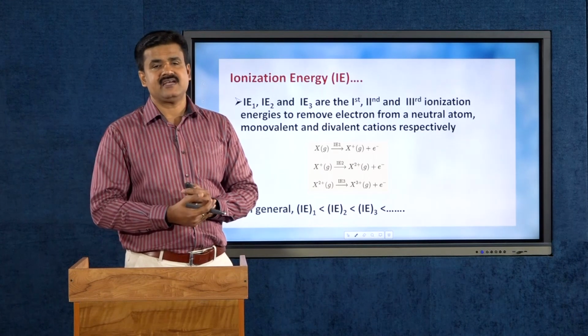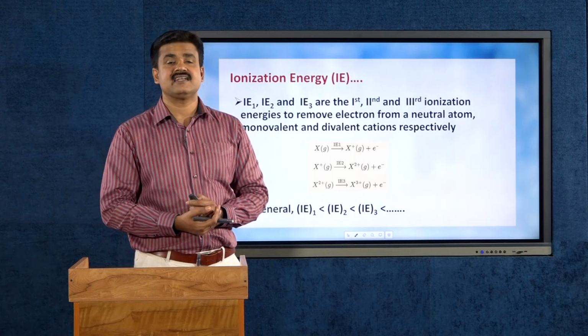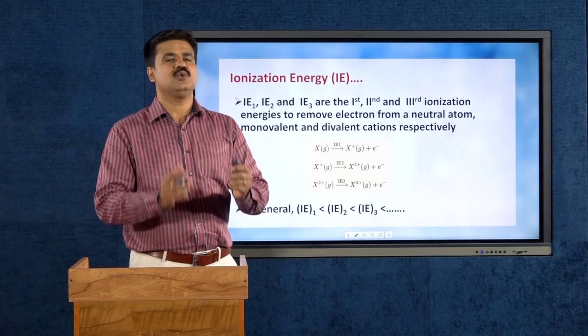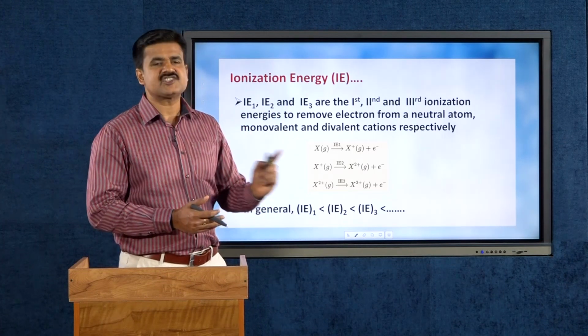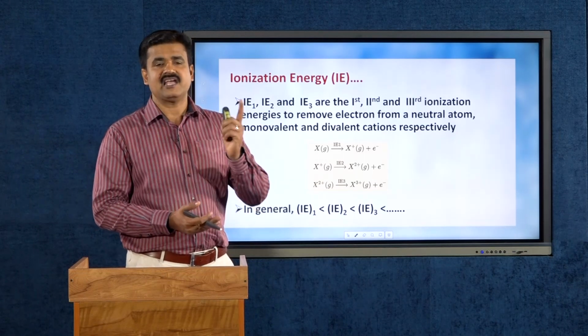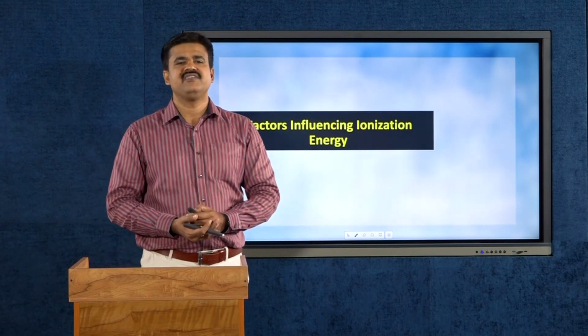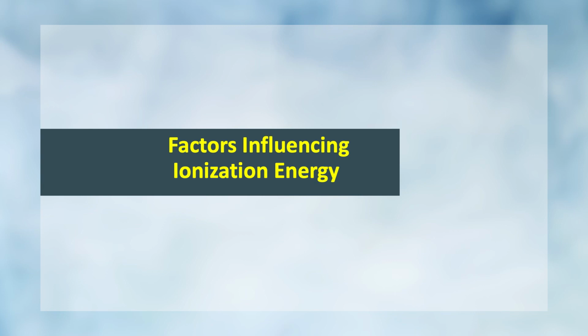In a similar way, third ionization energy is higher than second ionization energy. So, in general, ionization energy follows this regular pattern, IE1 < IE2 < IE3, and so on. Now, we are discussing factors influencing ionization energy or ionization enthalpy.